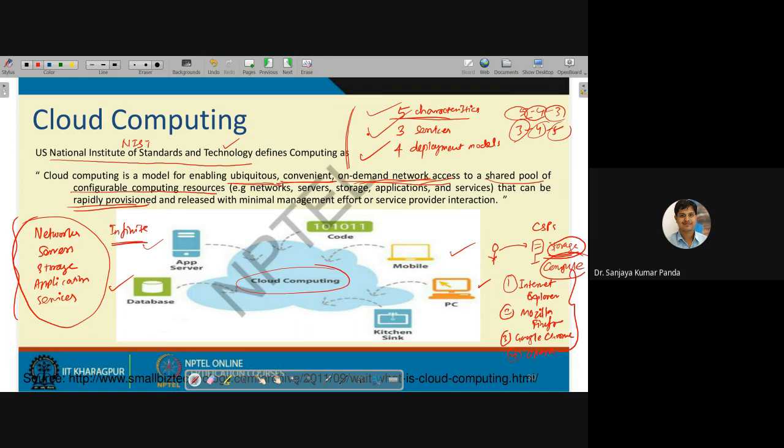The perspective of different companies and organizations is different. So NIST mentioned some characteristics, but people have further mentioned some more characteristics related to cloud computing. We'll discuss these different characteristics, services and deployment models in the upcoming class.